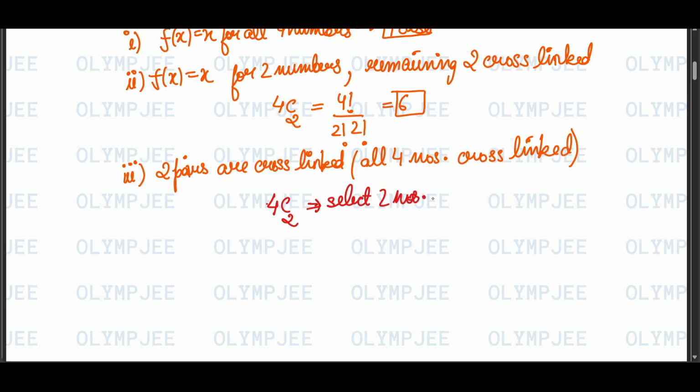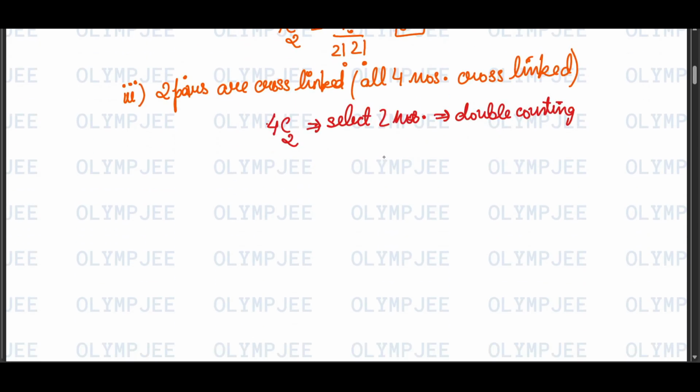But there will be double counting here because imagine you selected 1 comma 2, so that will automatically mean that 3 comma 4 are cross linked, right? But you are again selecting 3 comma 4, which will imply 1 comma 2, so this will be double counting.